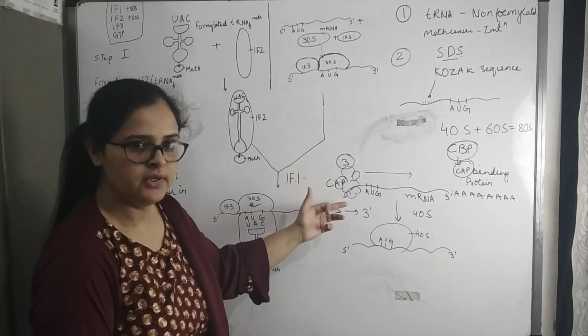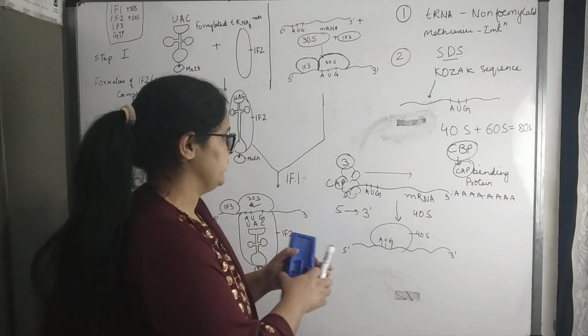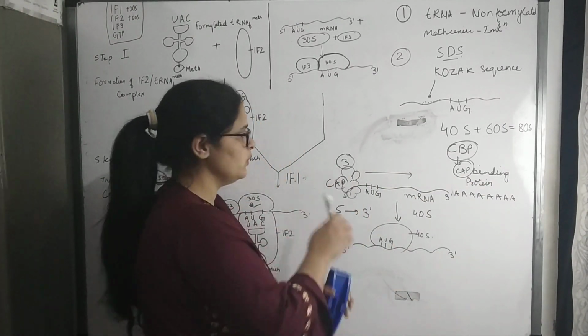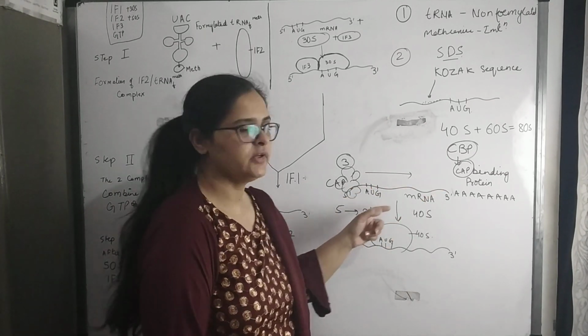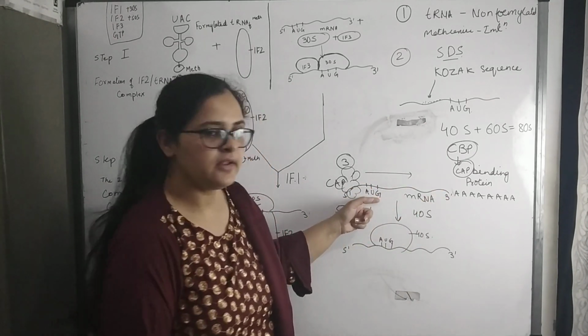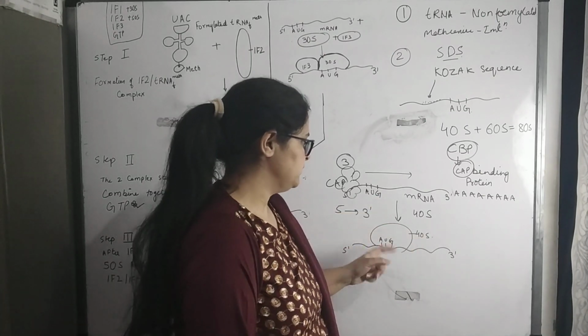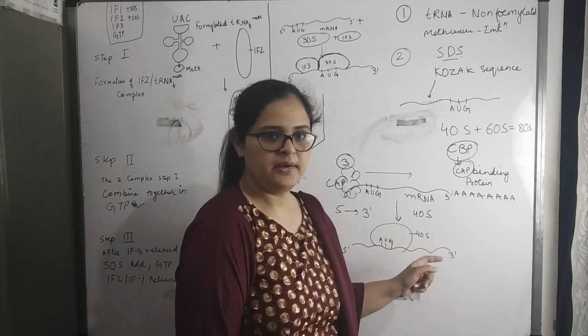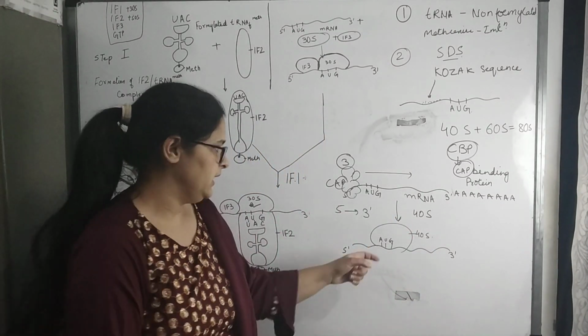After the cap binding protein binds, the whole complex scans the mRNA sequence in the 5 prime to 3 prime direction. Once they recognize the AUG sequence, the 40S subunit sits down on the AUG.